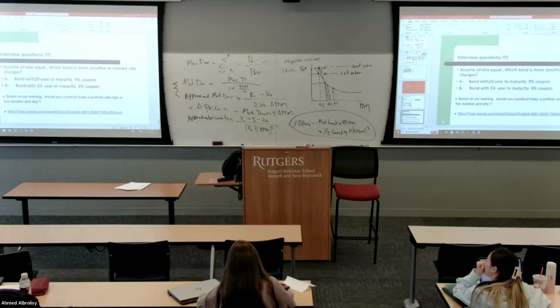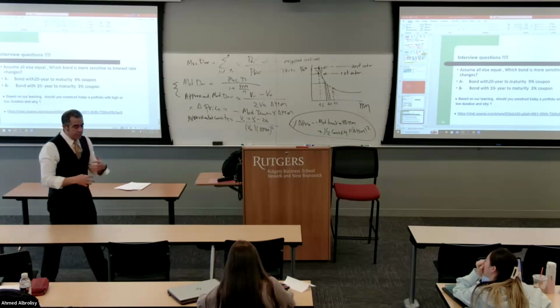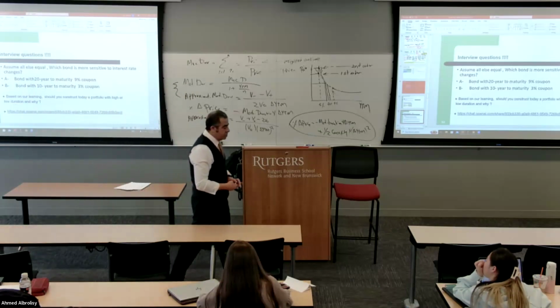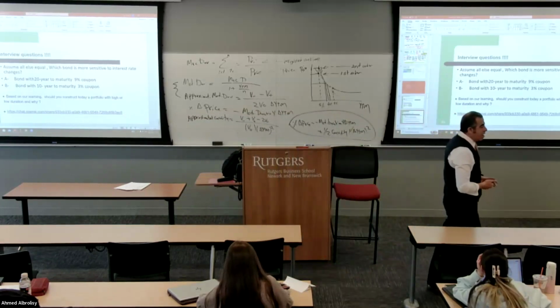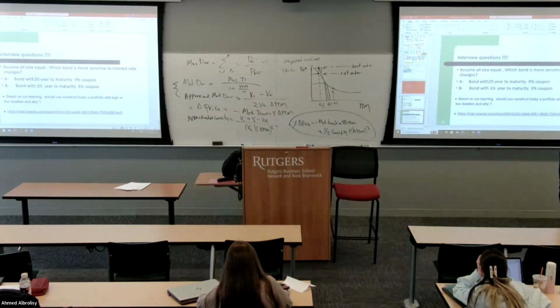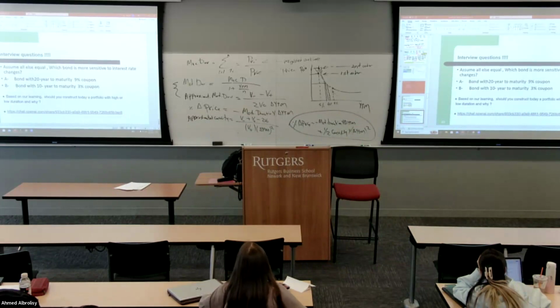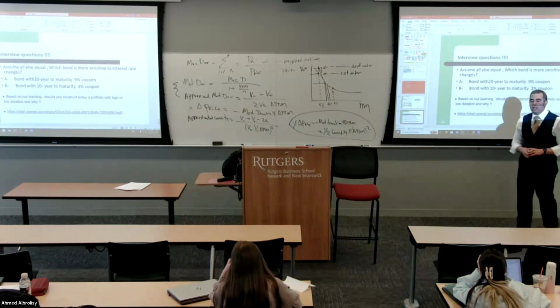Now I'm asking another question. Based on this learning objective and the learning that you're doing in the class, if you were to construct today a fixed income portfolio, would you construct one with higher or lower duration and why?